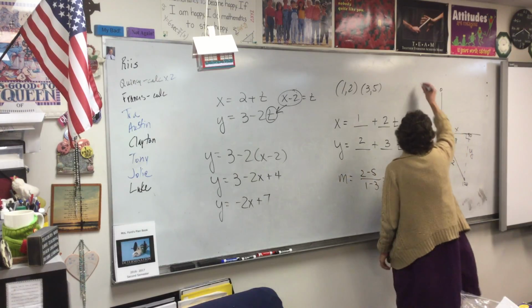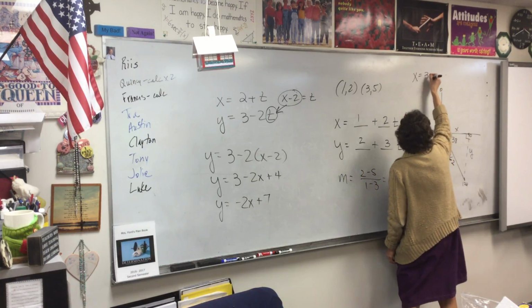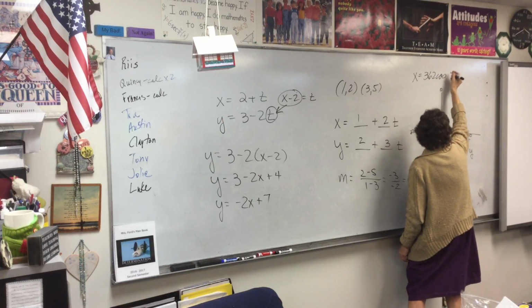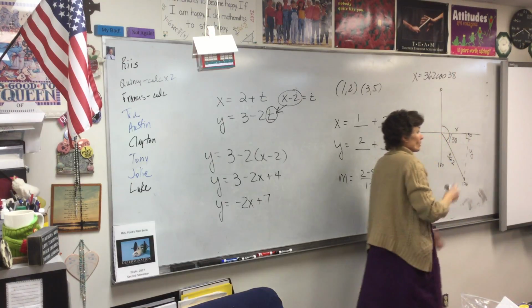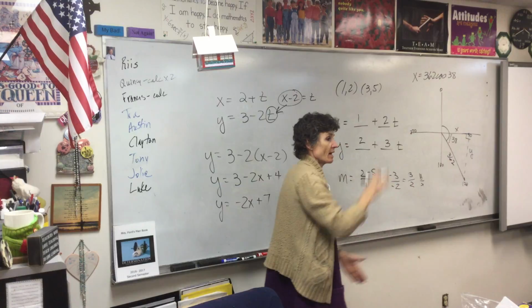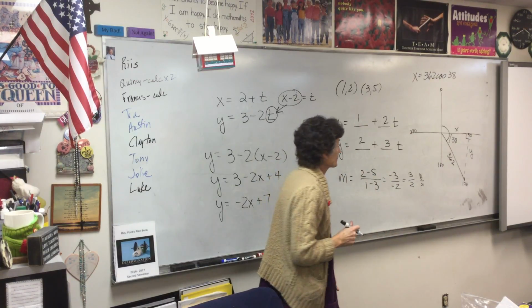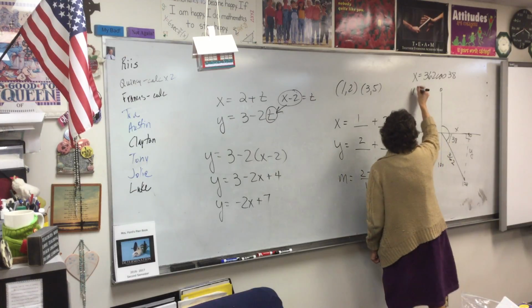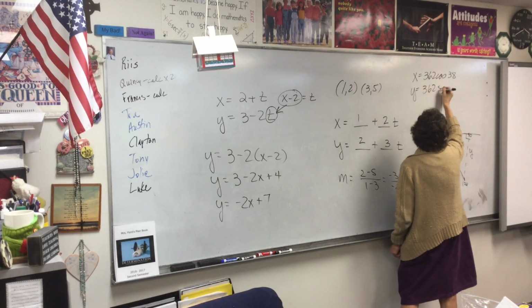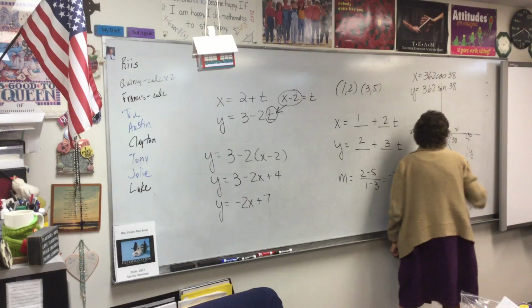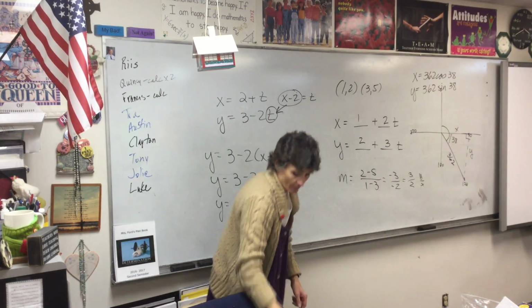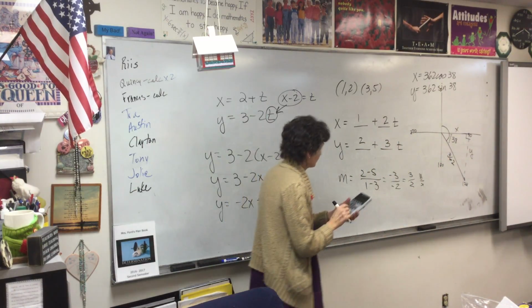All right, so what's x? X is going to be 362 cosine 38. Remember, the angle goes with the cosine. And then y will equal 362 sine 38. So let me just type it in.